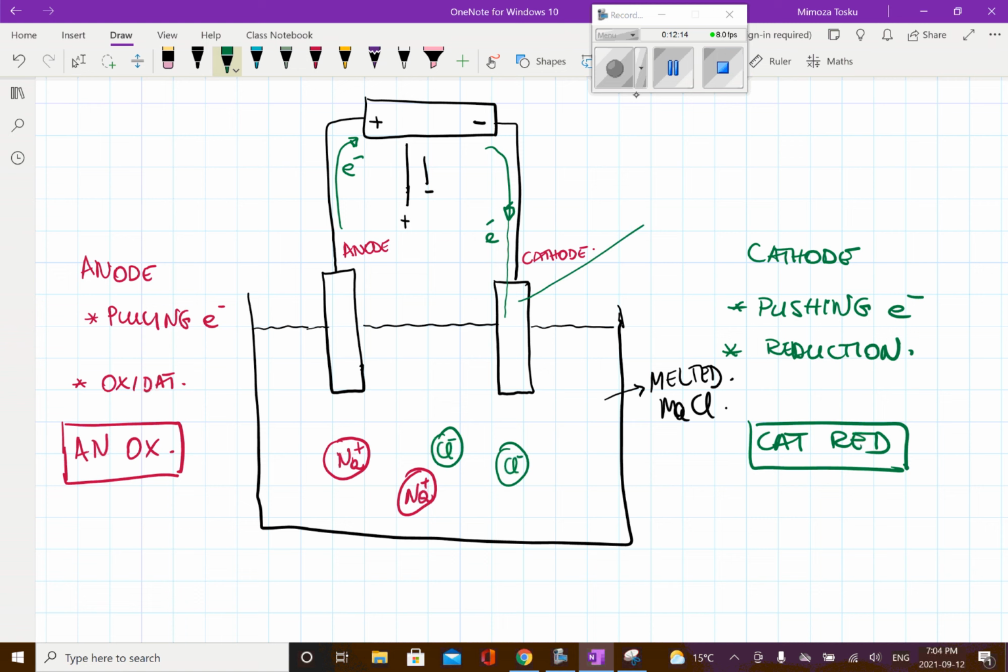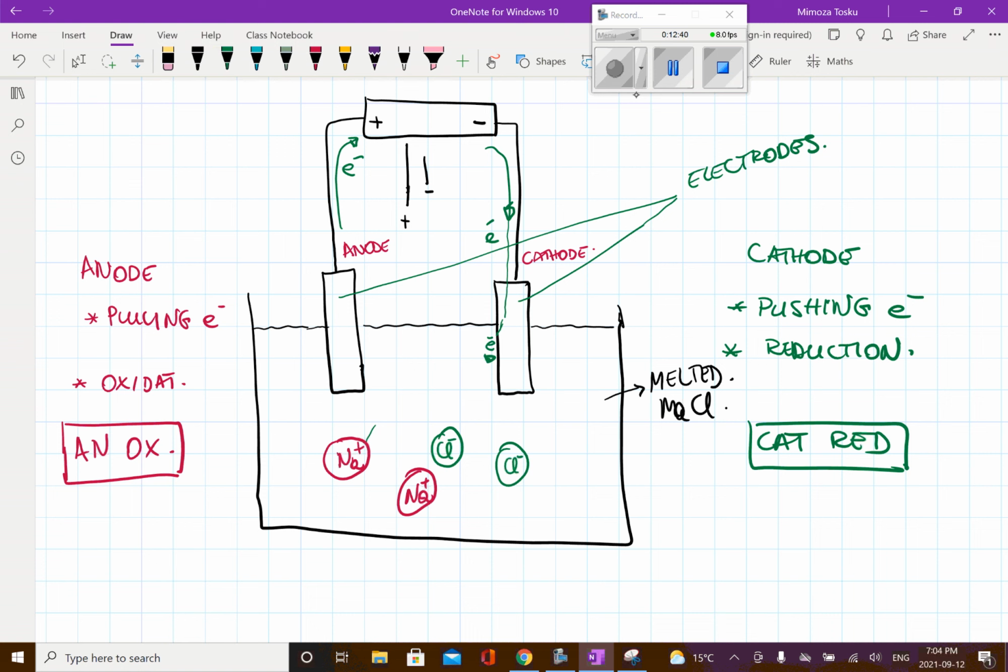And as they are here, they are looking for an Na plus, because this is negatively charged, and a negative charge will attract a positive one.